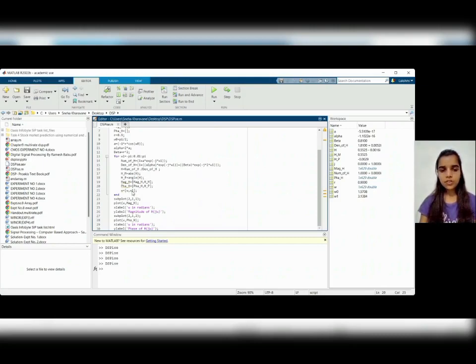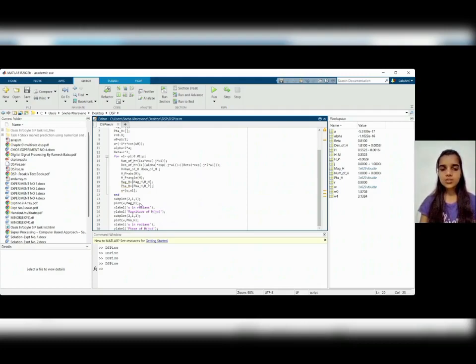This is the limit of phase angle. And subplot command is used for the plot of graph. Subplot first digit, 2, defines the number of rows. Second digit defines the number of columns, and third defines the number of graphs.